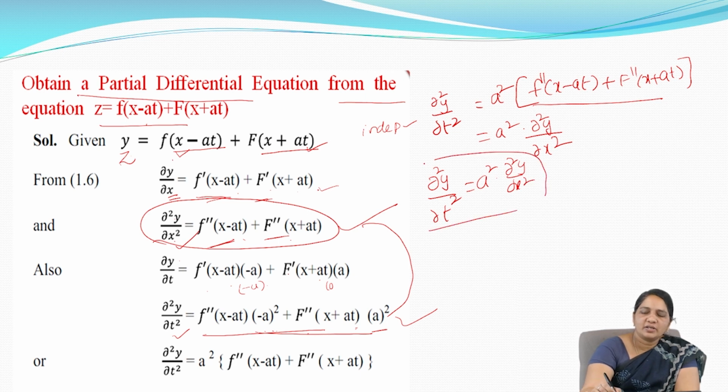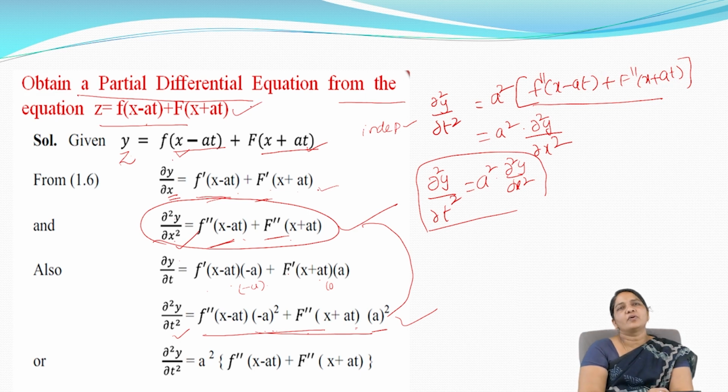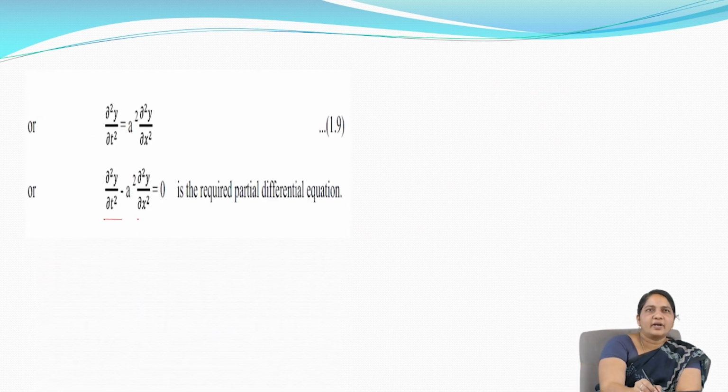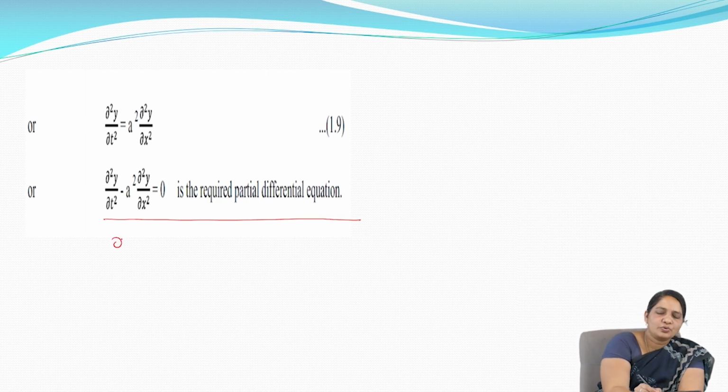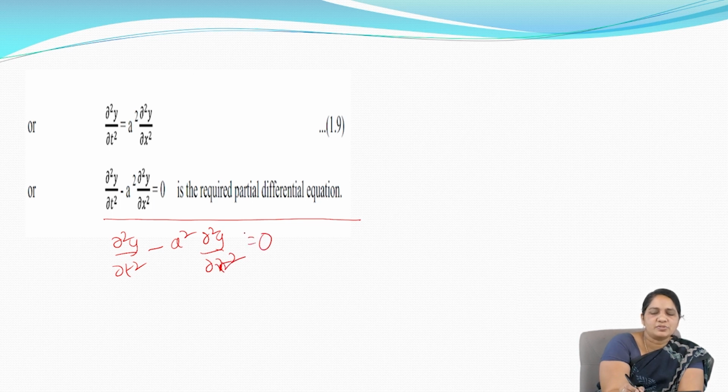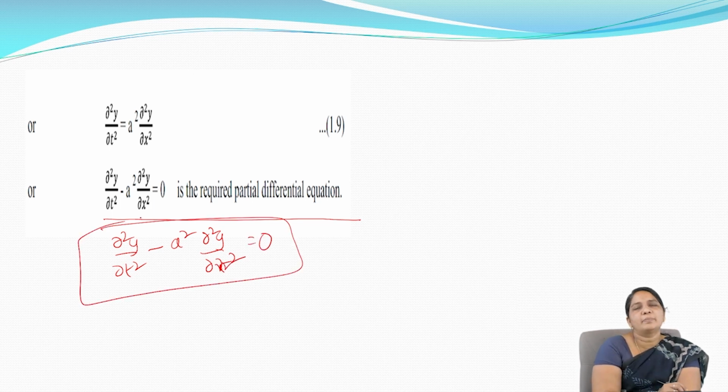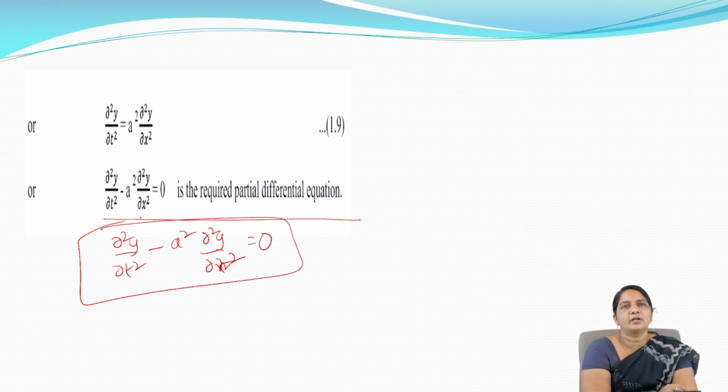So this is our required PDE after eliminating the arbitrary functions f of (x minus at) plus f of (x plus at). That is nothing but the required formation of the partial differential equation: dou square y by dou t square minus a square into dou square y by dou x square equals 0. So this is our final PDE after eliminating the arbitrary functions.